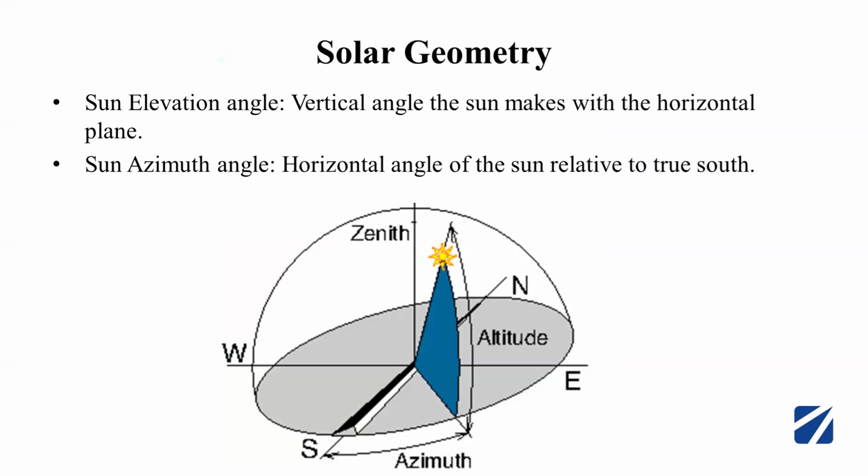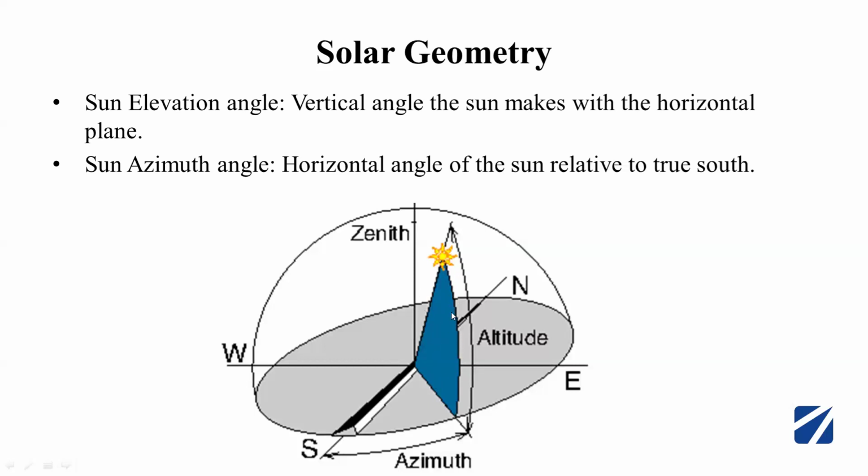And now we will understand what is solar geometry, that is the sun's positioning angles, that is the elevation angle and the sun's azimuth angle. The vertical angle the sun makes with the horizontal plane, this angle, if the sun is here, is called the altitude angle or elevation angle.